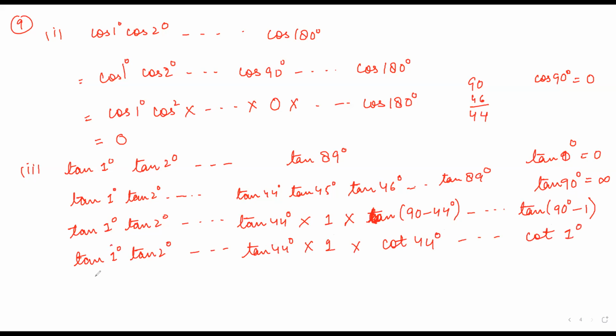So all the tan 1 and cot 1 will cancel out, then tan 44, cot 44. All the values will cancel out, and everything is multiplied by 1. So the answer will be 1. Got it? Yes, ma'am. After 1, you are getting all cot, so it gives you 1.